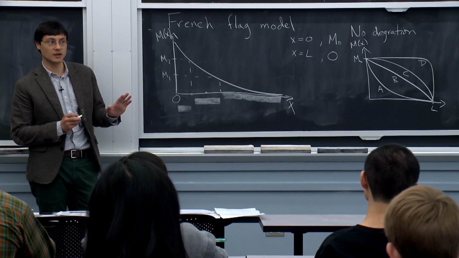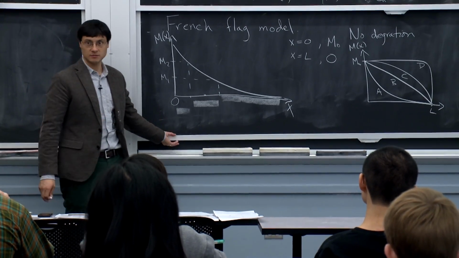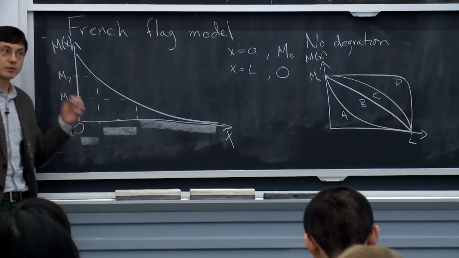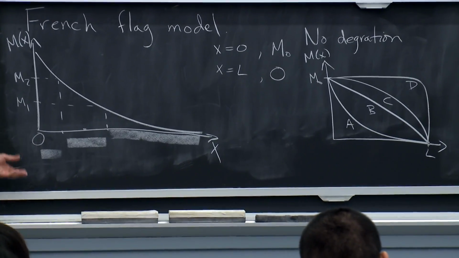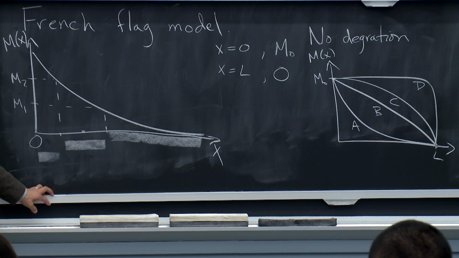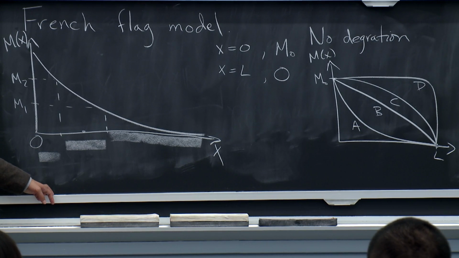Do you understand what I'm asking? Yes? This is steady state. This is the steady state concentration profile of the morphogen given there's no degradation in the interior. Ready? 3, 2, 1.